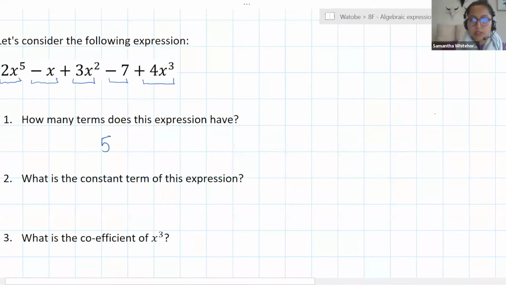Right, the next question is asking you, what is the constant term of this expression? Now, remember, we said a constant term is one without a variable. And remember, I said to you that the sign in front of the term belongs to that term. So cool, I see we're going in the chats. Everyone put in their answers, what they think the constant term is. Cool, we're looking good.